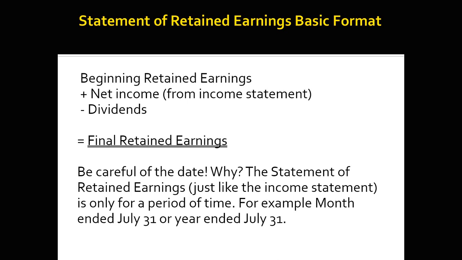All the accounts on here are not year to date. There is one account that's year to date, and that is retained earnings, but your net income and your dividends are only used for one period. So the statement of retained earnings, the financial statement, is only used for one period. Be careful of the date.